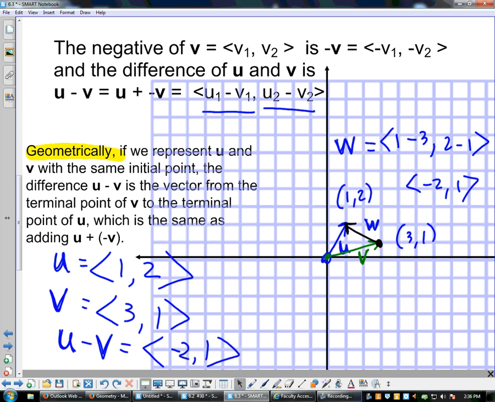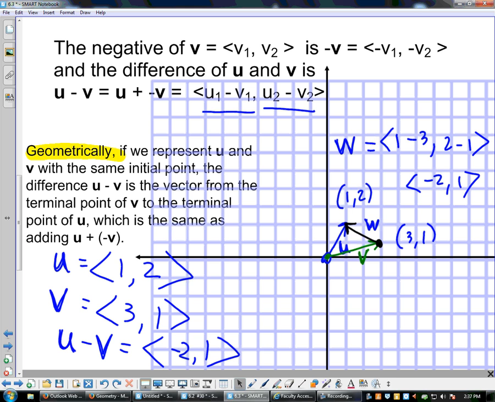Why can't we just say 1 minus 3 comma 2 minus 1 and call it a day? Why do we have to go to the extra length to graph it? We can find things in more than one way in math, and that's what we're doing.